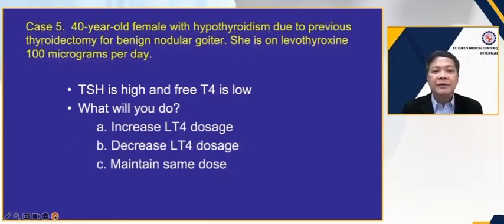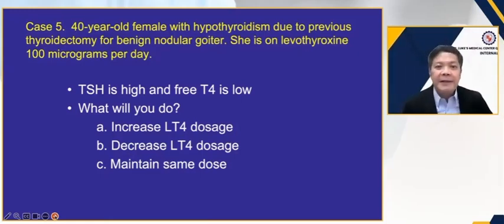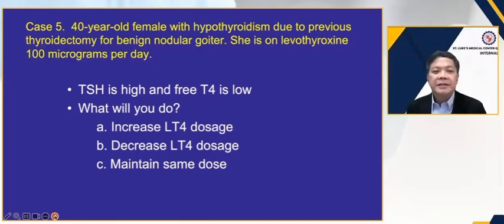So for the last case, you have a 40-year-old female with hypothyroidism due to previous thyroidectomy for benign nodular goiter. She is now on 100 micrograms of levothyroxine, which is T4, per day. Then you request a thyroid function test, and the TSH comes back high with a low T4. So what will you do next with the 100 micrograms?